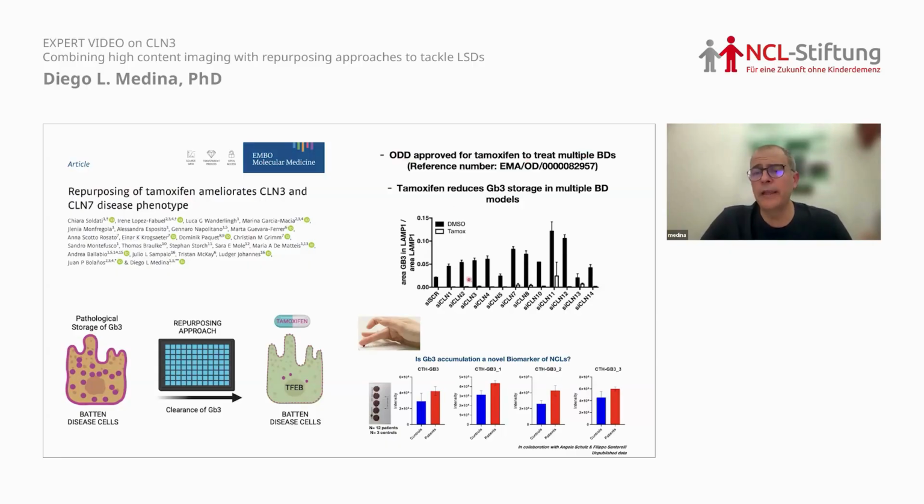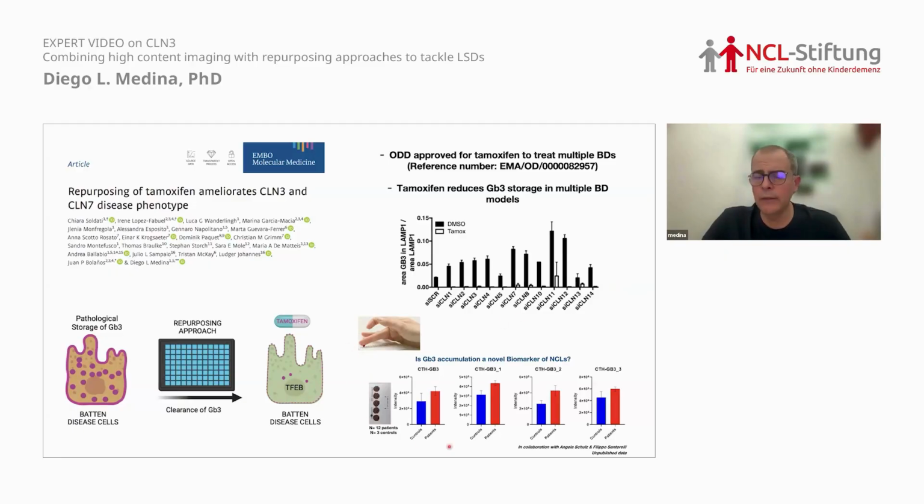And we observed that GB3 storage happens in all Batten disease models that we are screening using small interference RNA in ARPE-19 cells. You can see here that the silencing of all genes related with Batten disease promotes the accumulation of globotriaosylceramide, and that tamoxifen is able to reduce this level in all of these Batten disease models.